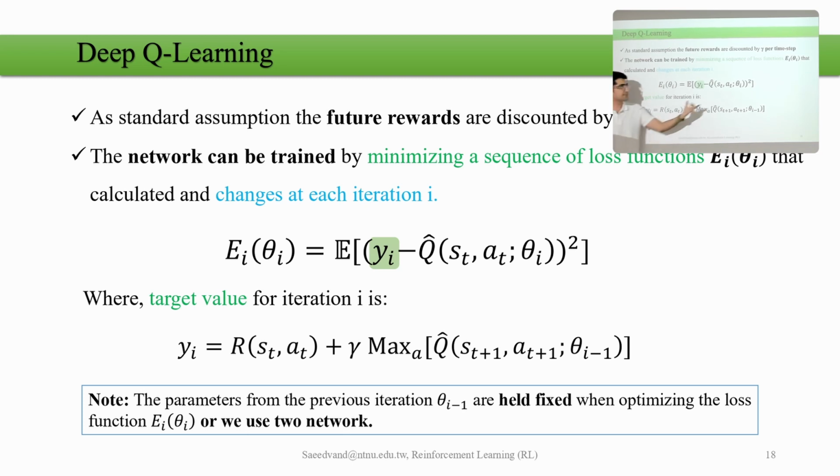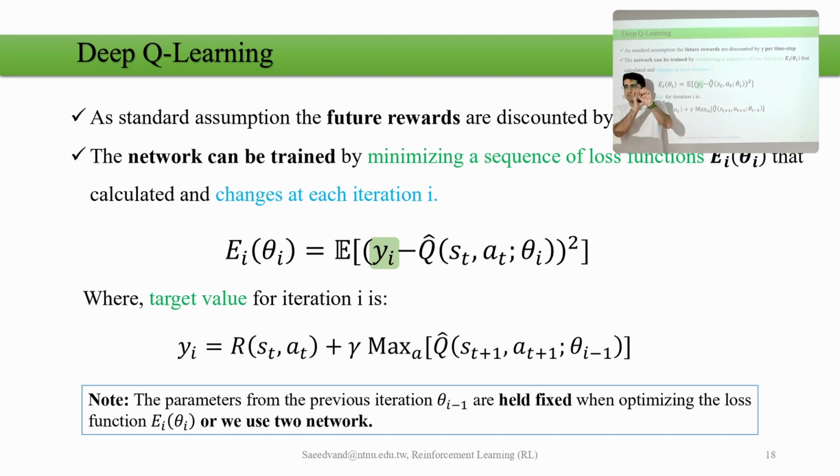Since this part and this part are both coming from one network, usually the output is unstable, not very reliable. And this has a solution, that I will also show you, for how we can improve the stability.